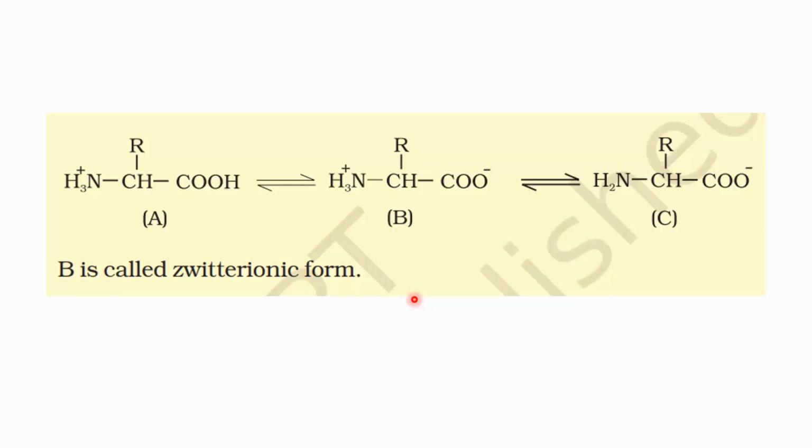There might be a certain pH at which both the groups are ionized such that the net charge on the amino acid is 0. This form is known as the Zwitterionic form of the amino acid. So in this figure, B is called the Zwitterionic form of the amino acid, in which the net charge is 0.